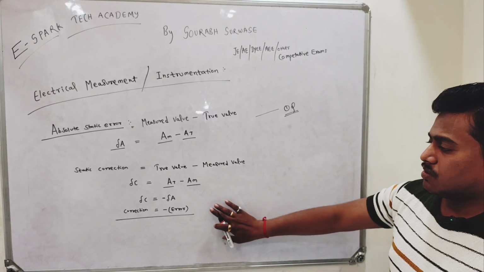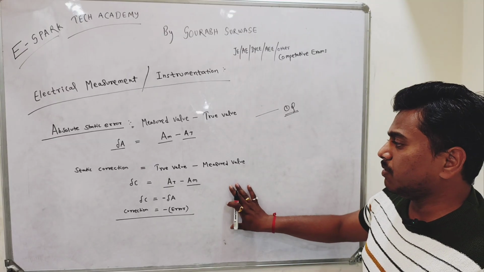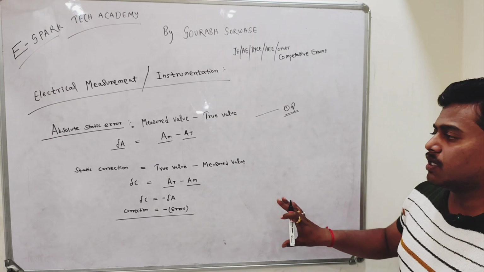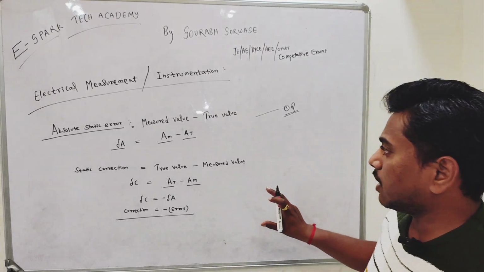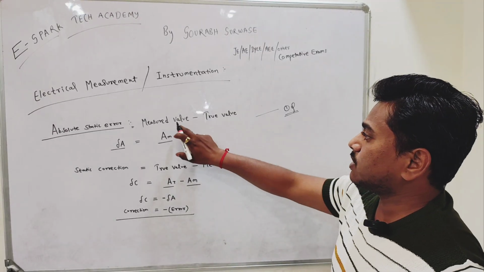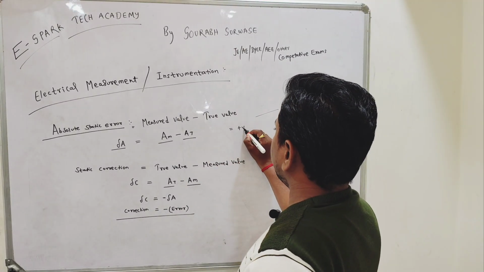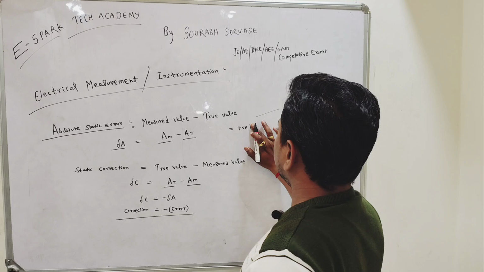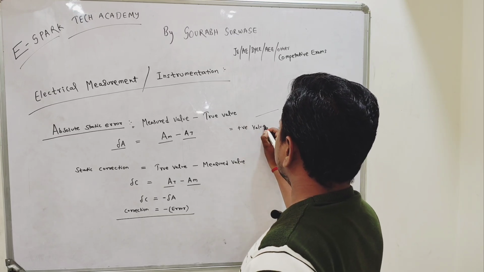And static correction is nothing but true value minus measured value. In many ways they will be giving you 4 options. In that, many times what happens is that when you subtract measured value minus true value, it will be a positive value in the answer.